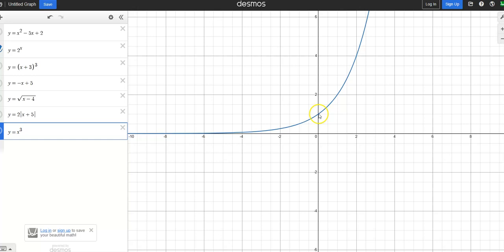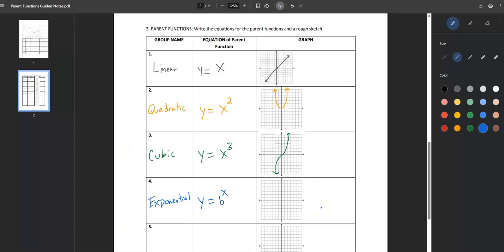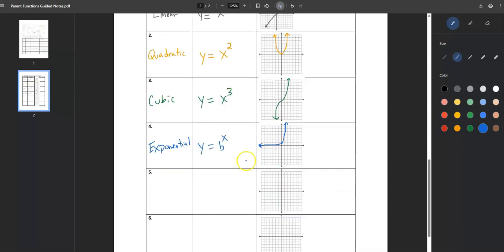And what I want you to notice is it goes through this point at 0, 1 every time. It's not going to actually cross the x-axis, but it's going to get really close. And then it's going to cross through that 0, 1 and then get bigger quite a bit faster. So it's going to go through this point right here, be really close to this x-axis, and then climb fast like that. Okay? So that would be your exponential.